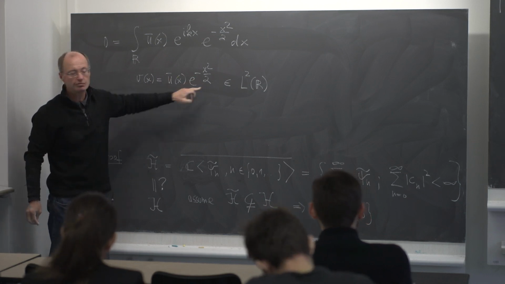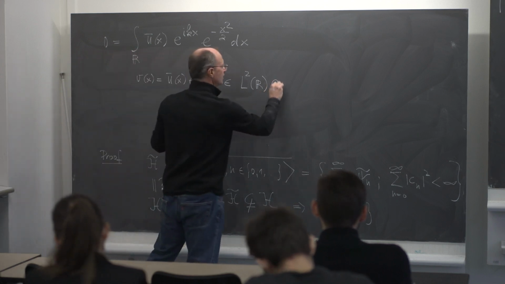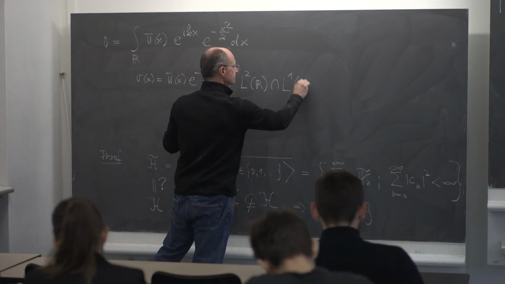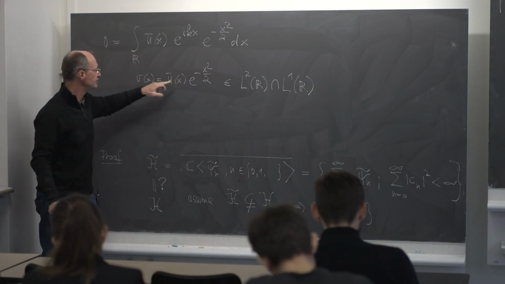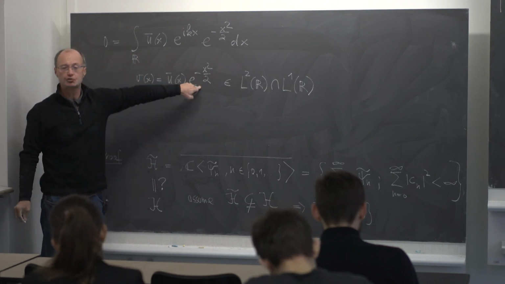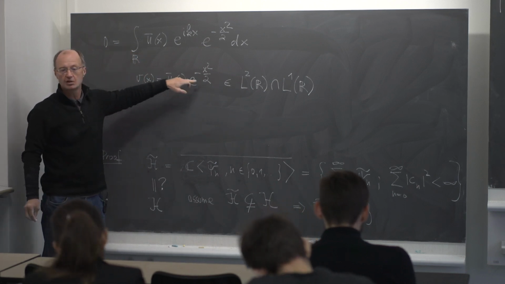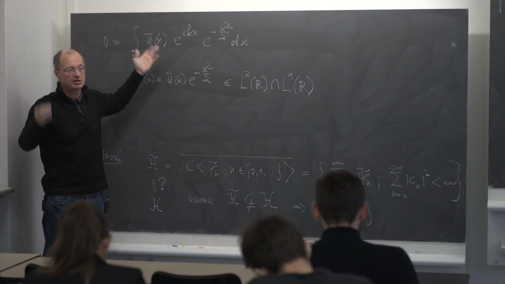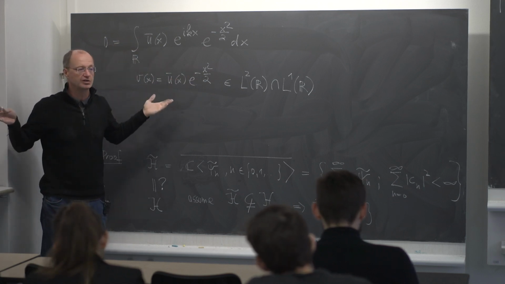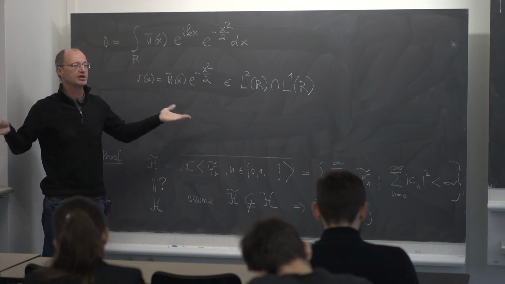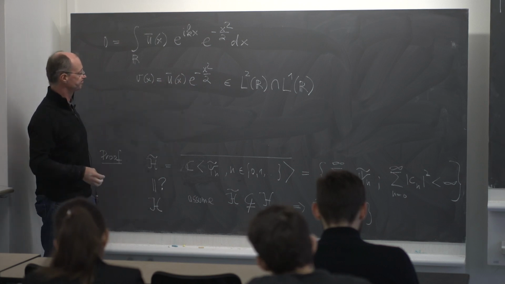But it's also in L1. This is because this was in L2, and that was in L2, and the product of two elements of L2 is clearly in L1, because their product is integrable; that's simply the Hermitian product.